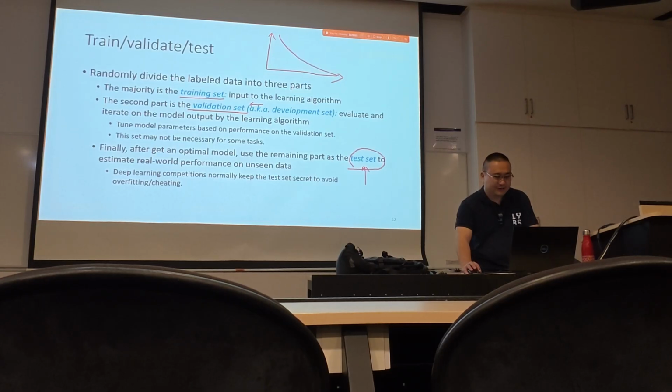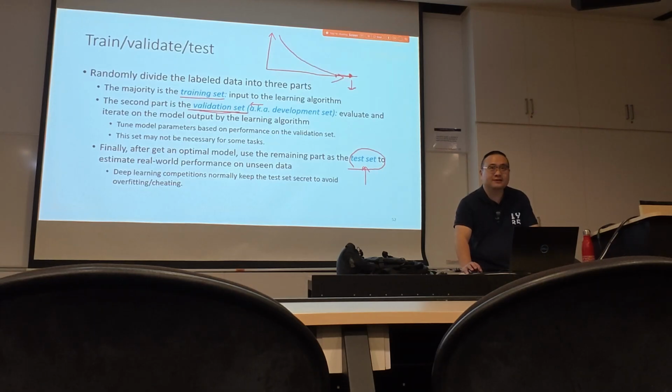And then you may say, oh, I just keep training until the loss is very small, and then we use the model to test. But this may not be true, because the model may just memorize or just remember the training data set. And then when you use the model at this position, the model may perform very poorly in the real world. Therefore, people use a validation data set.